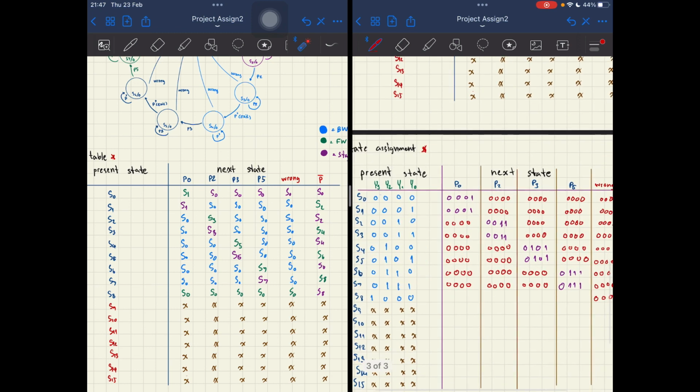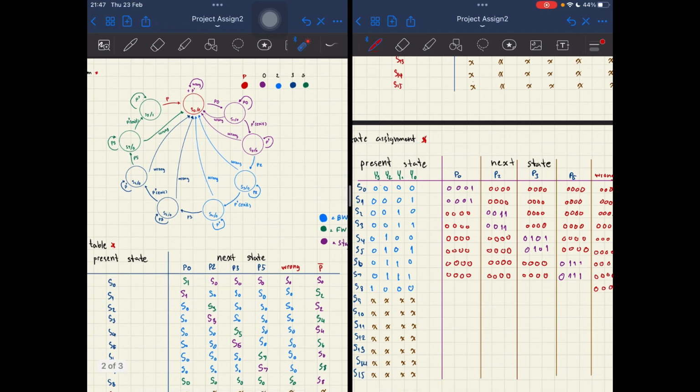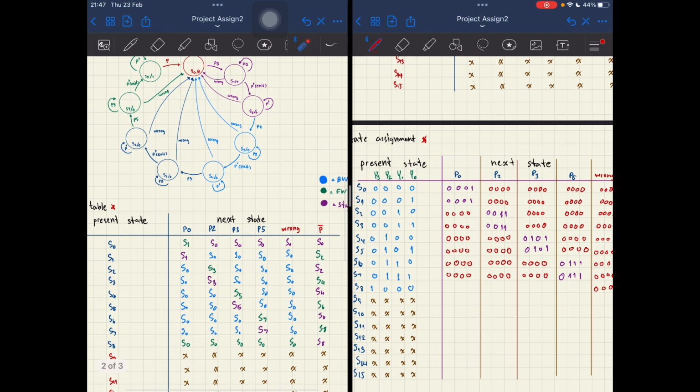At state 8 we can see that if you press P0, P2, P3, P5 or a wrong case such as P1, P4, P7, P9, you will go back to state 0 as reset. So from the state table, if you press any button you will go back to state 0.